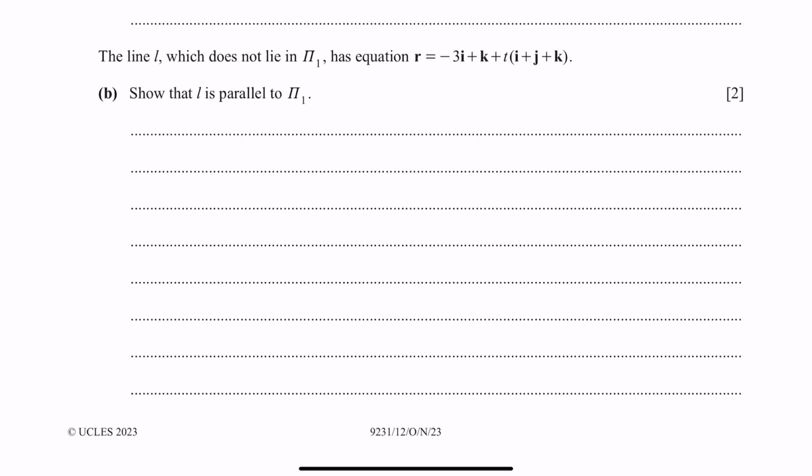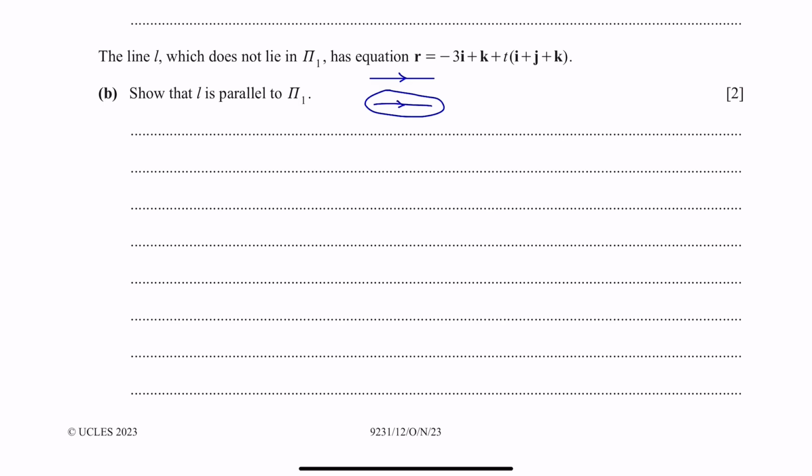For part B, we have a line L which does not lie in that Cartesian plane. And now we need to prove that L is parallel to the plane. So let's say this is the plane, and we have line L, which is parallel to this.